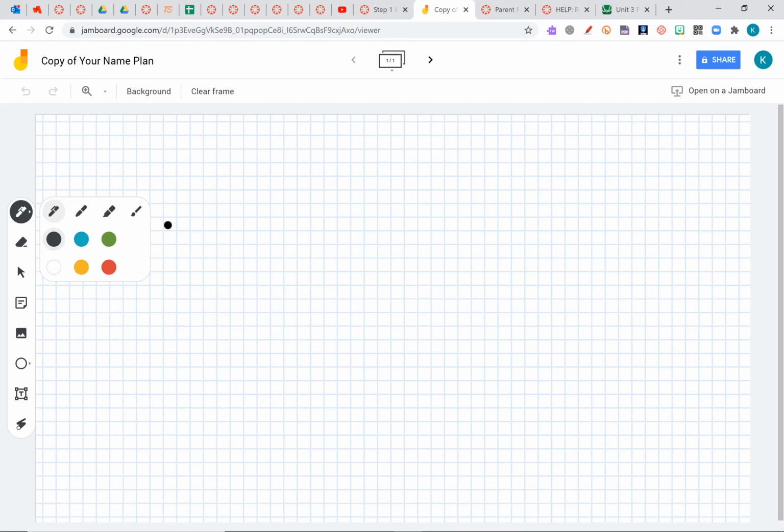Now, if you're going to be using your mouse to make the drawings, you definitely want to take your time. Do not rush it because it is kind of hard to write on screen without a stylus or something. So just take your time. If I'm using my mouse, I'm not going to rush. I'm just going to take my time and draw my line.